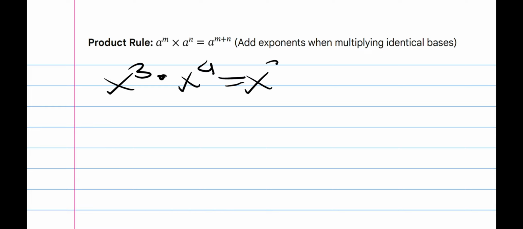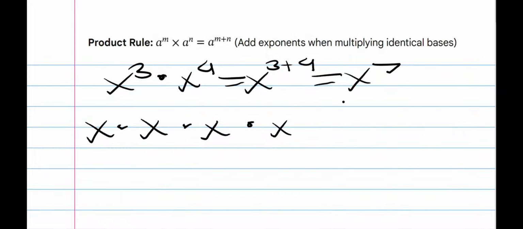So that would be x to the power of 3 plus 4, that would be x to the power 7. And if you expand that, that would be x times x times x times x times x times x times x. And that's how you do it.